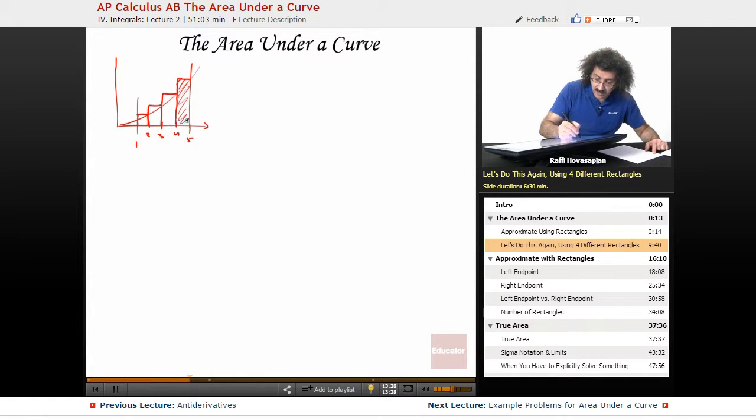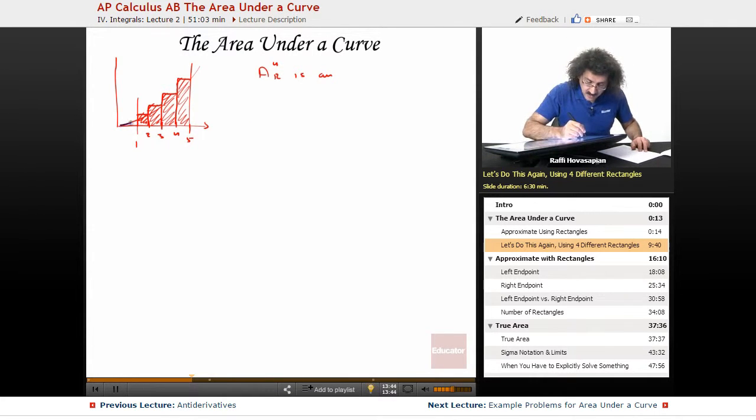Now it's this area, this area, this area, and this area. Okay. A right 4 is an overestimate. You can see that here is the graph. The rectangles go above the graph. So it is an overestimate. So that's clear to see.